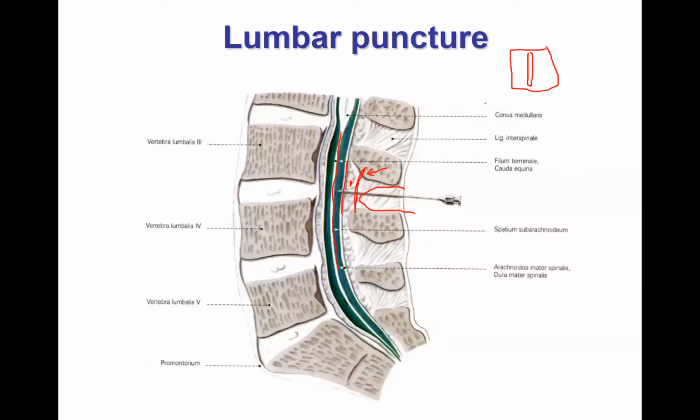It's like a curtain in a frontal line between the arches, and we call them ligamenta flava, the yellow ligaments. I hope you remember them. Yellow ligaments, ligamenta flava. So these two structures have to be pierced: the ligamenta flava and the dura mater.